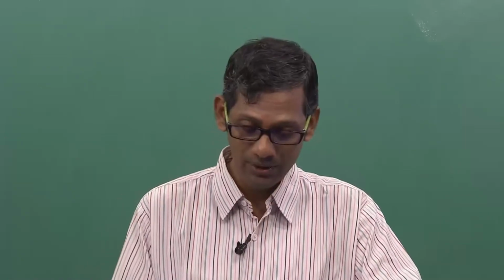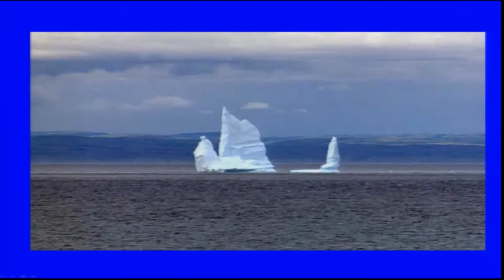Why does it happen? Because chemical potentials are modified by the presence of salt. That is the answer I gave you. Because of the chemical potential modification, due to the presence of different salts, the chemical potential equality is satisfied across the interface between the iceberg and the water. And this is the reason, although water temperature is higher than 0 degree Celsius, you will have iceberg present in the water.